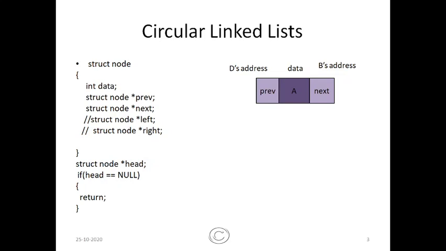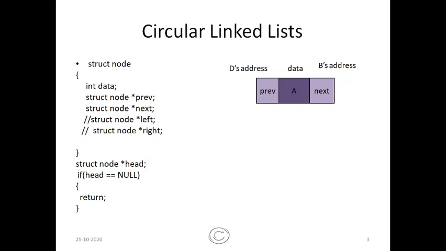As you have seen, for node A, the previous pointer's address will be D's address and the next address will be B's address. Instead of previous you can use a left pointer, and instead of next you can use a right pointer. For convenience we have used previous and next pointers in this exercise.